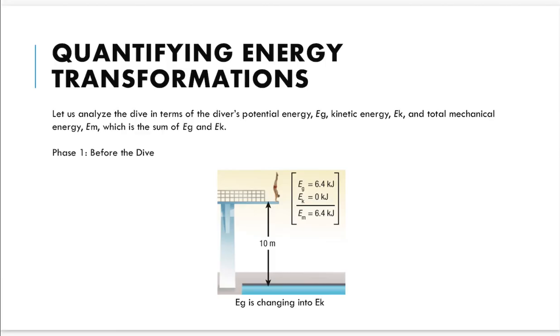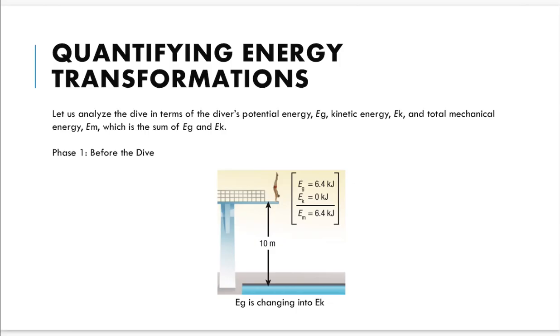At the top of the dive, before the diver actually moves off the platform, their potential energy would be 6.4 kilojoules, and they have 0 kinetic energy because they have not moved yet. And then the total mechanical energy would be the two of them added together.